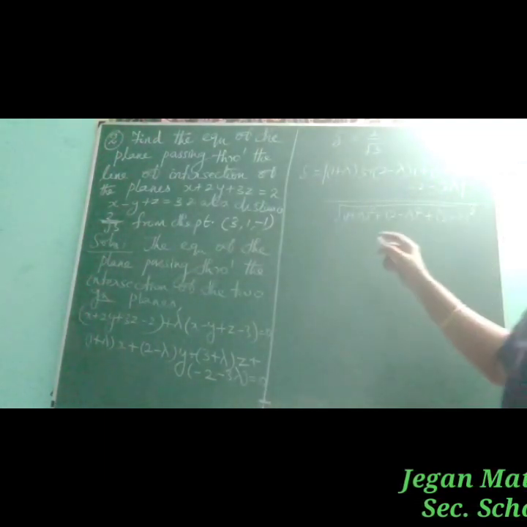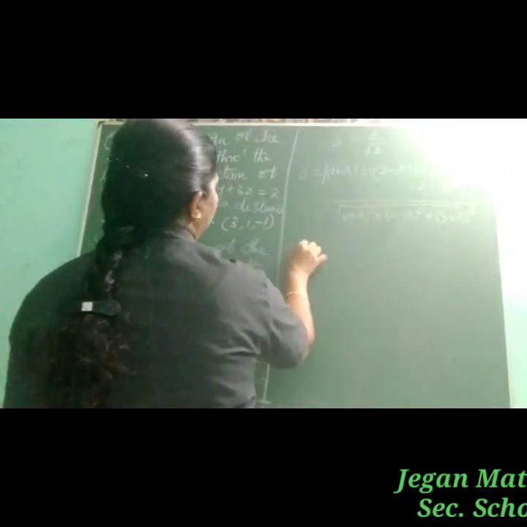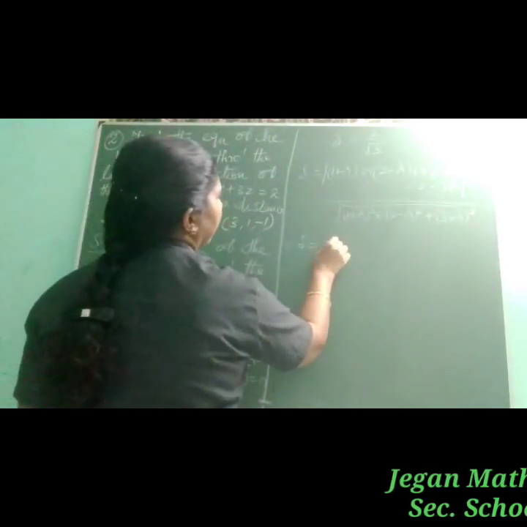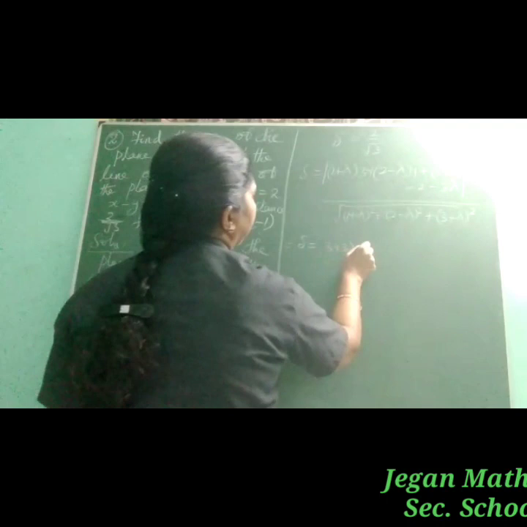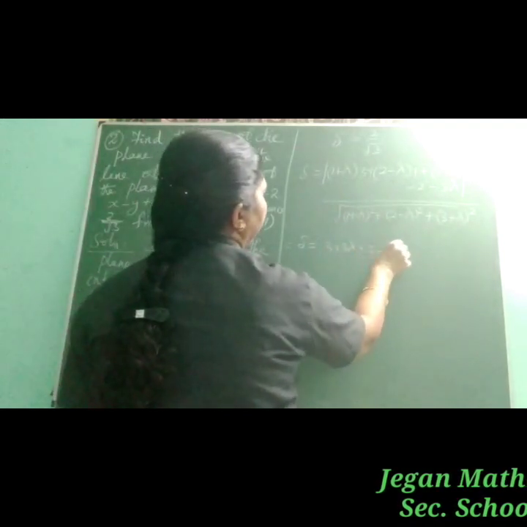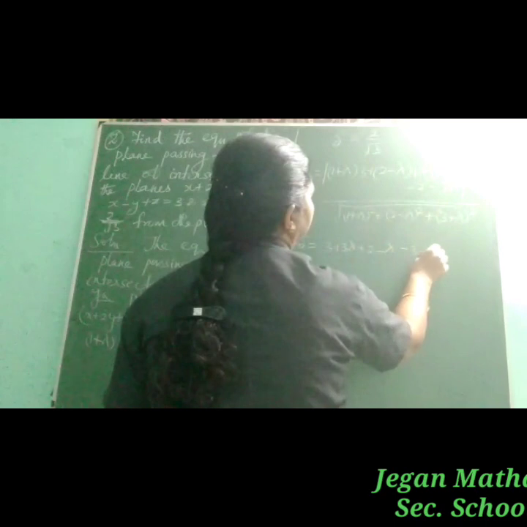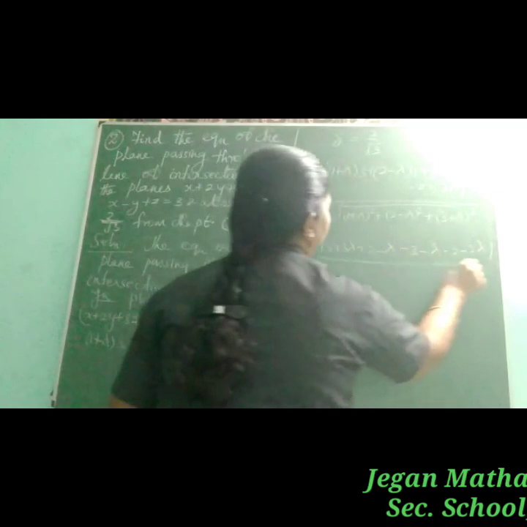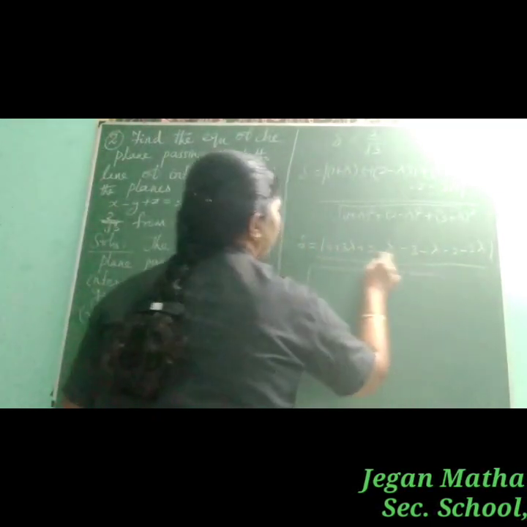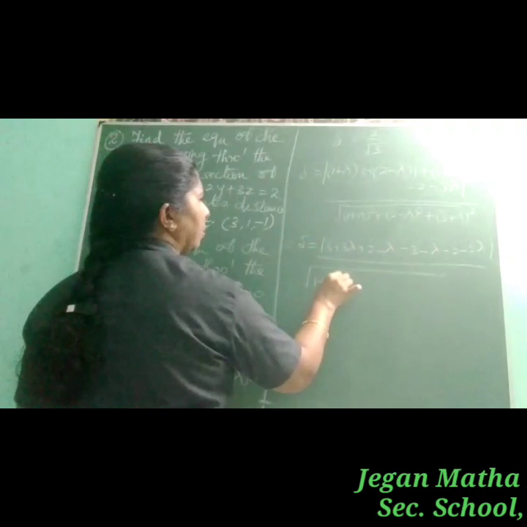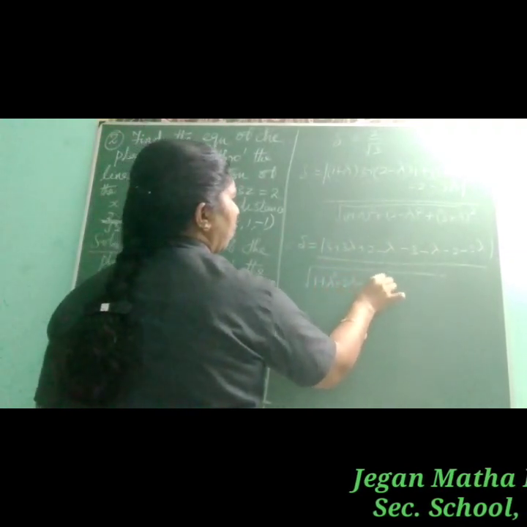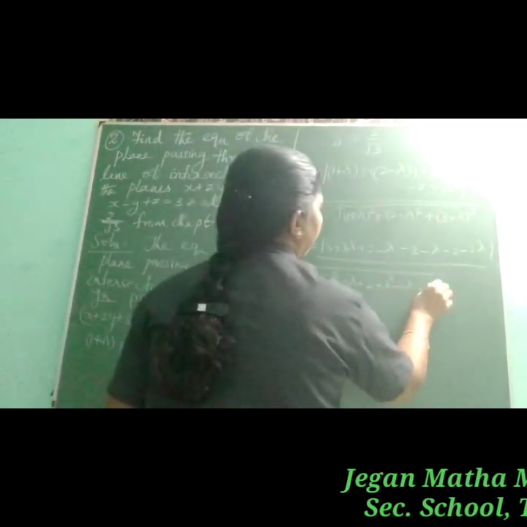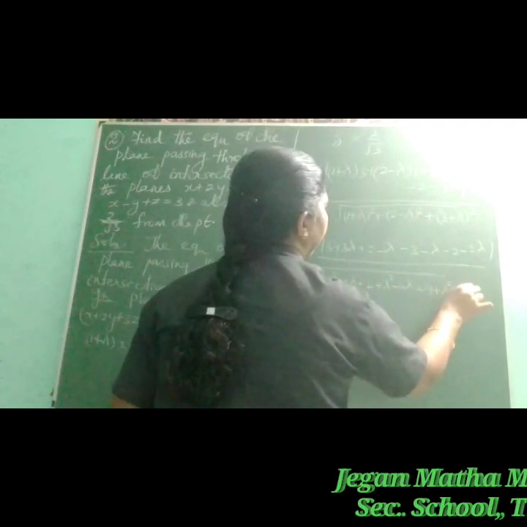When you expand this, when you are simplifying, you can remove the bracket, so you get 3 plus 3 lambda plus 2 minus lambda minus 3 minus lambda minus 2 minus 3 lambda, divided by root of 1 plus lambda square plus 2 lambda plus 4 plus lambda square minus 4 lambda plus 9 plus lambda square plus 6 lambda.